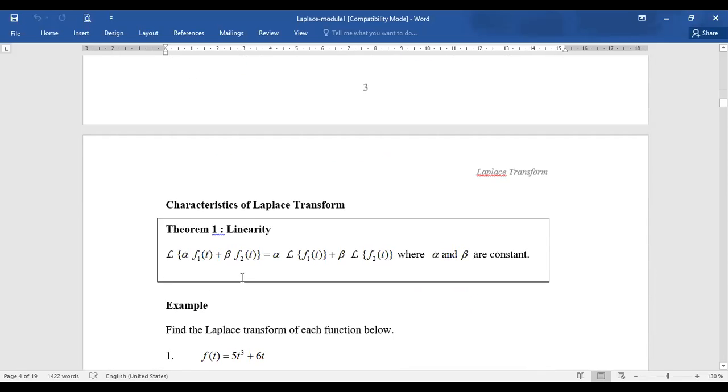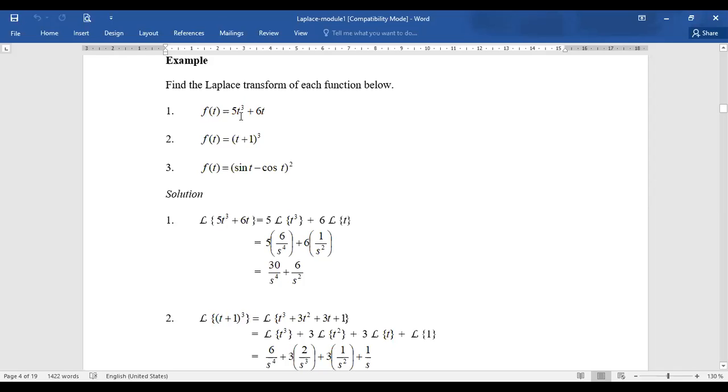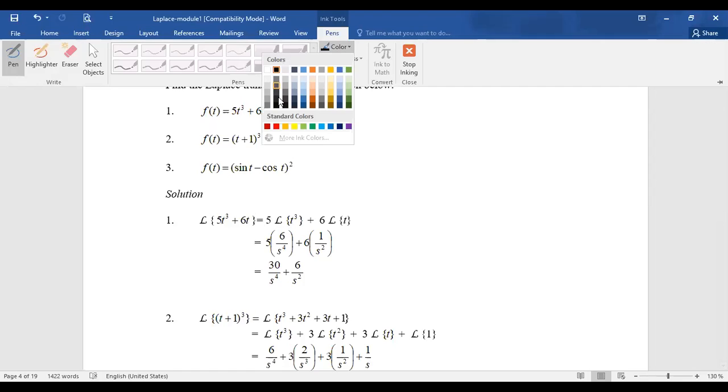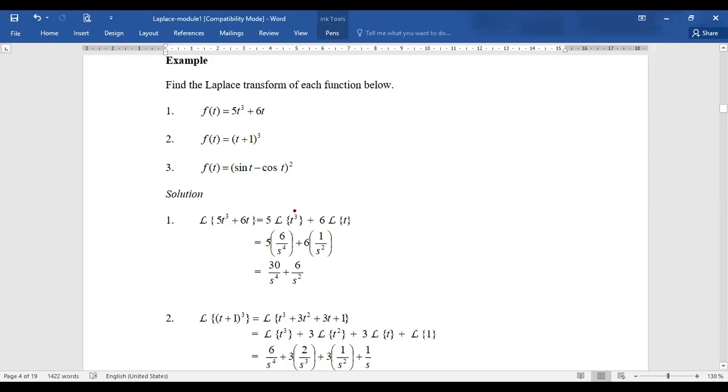Okay. Contohnya macam ni. F(t) sama dengan 5 t cube plus 6t. So 5 dikeluarkan, Laplace t cube. Laplace t cube is berapa tadi? n factorial over s^(n+1), betul tak?